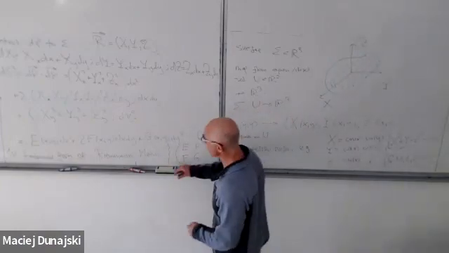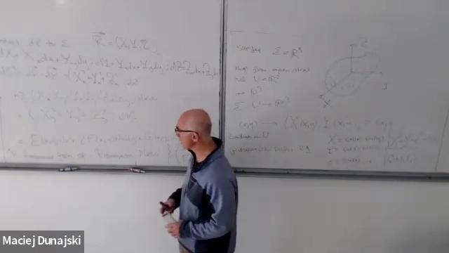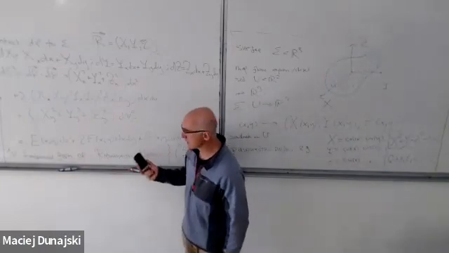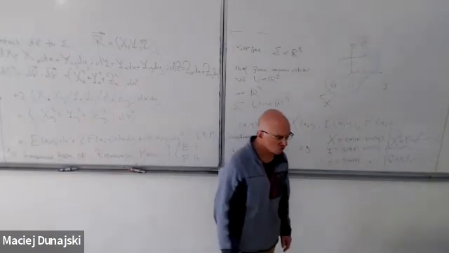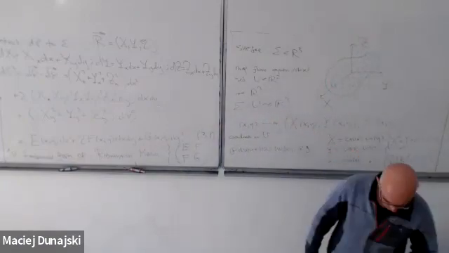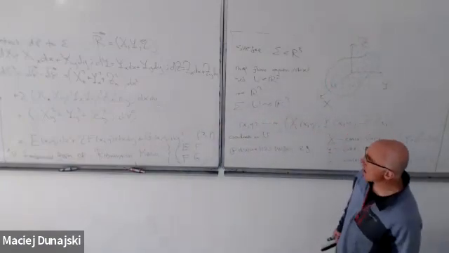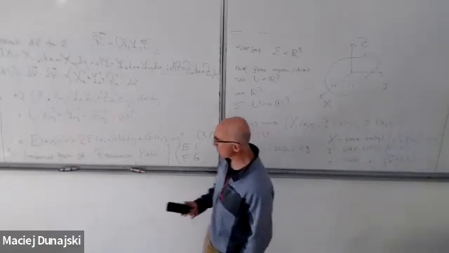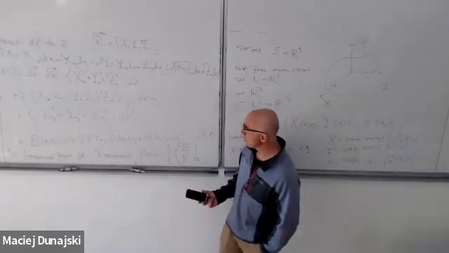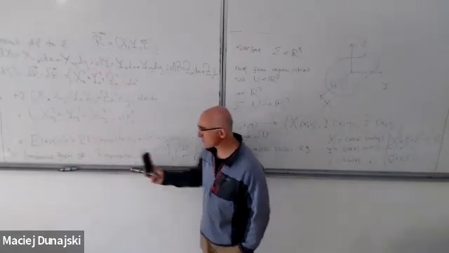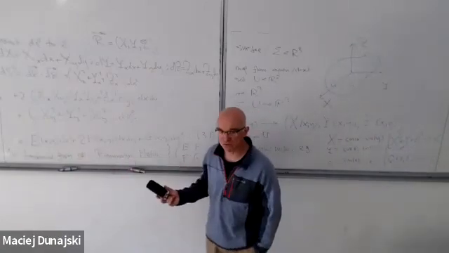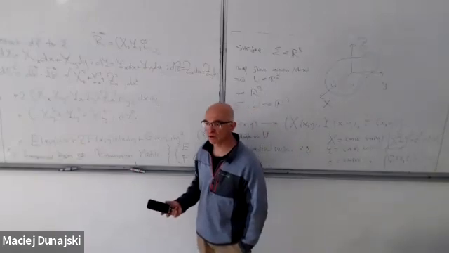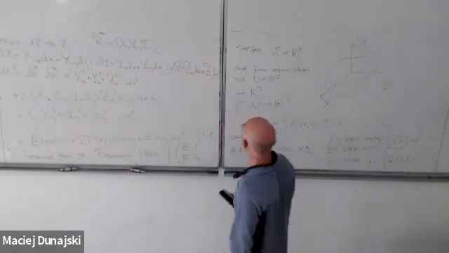Okay? So this first fundamental form, the Riemannian metric, is what's left from Pythagoras theorem if you restrict it to a surface. And the same way we used Pythagoras theorem in R3 to compute the length of curves, we're going to be using this first fundamental form on the surface to compute the length of curves on the surface.